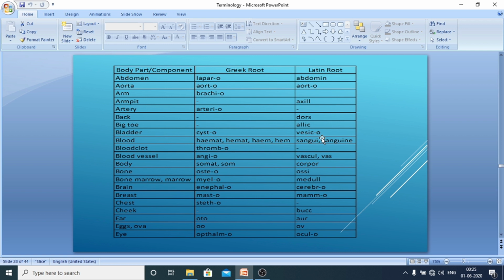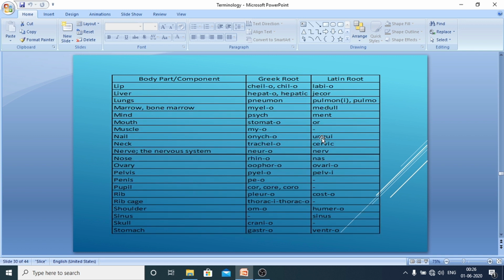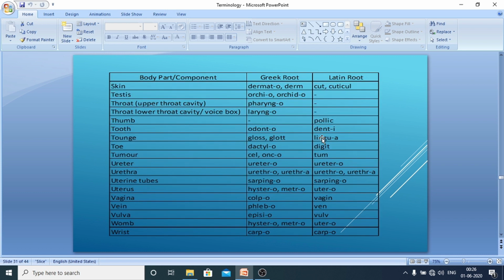Bladder: cysto, vesico. Eye: ophthalmo, oculo. Eyelid: blepharo, cili. Jaw: gnatho, there is no Latin root word for this. Stomach: gastro, ventro. Skin: dermato, derm.